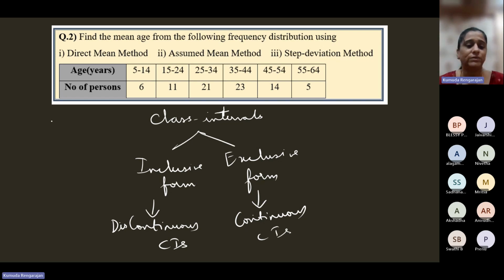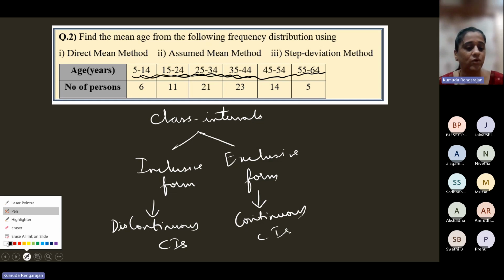So I'll give you an example. What you see here in this question is inclusive form, because it's not continuous. There is a break here, 5 to 14. 15 to 24, it doesn't continue with 14, no?